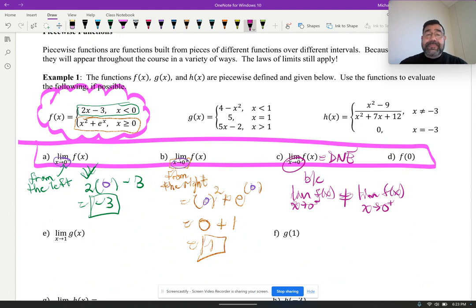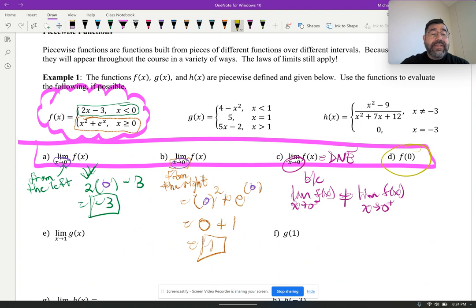And then we get to letter D. Letter D is not asking for a limit. Letter D is asking for the y value, the function value, specifically the function value at 0. So am I going to use the top part or am I going to use the bottom part? Where would x equal 0?